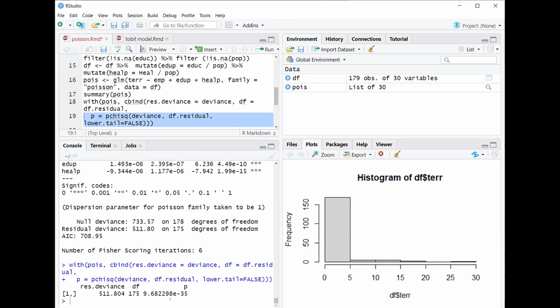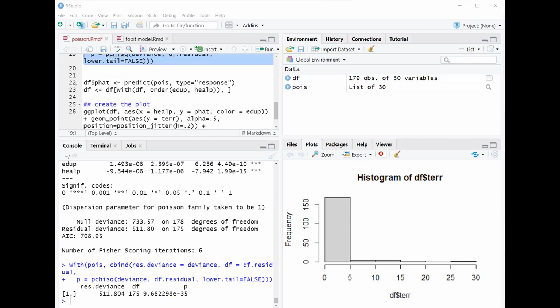So it is significant. You need to remember it. Here it is showing as e minus 35. It means 0.35 zeros, and so on, and 968. So it is less than 0.05. So it is significant, meaning the overall model is fit.